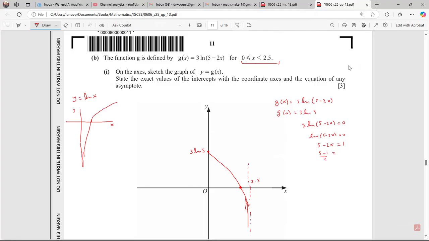So divide by 2, and x is equal to 2. So this point is 2. Okay, so this is how our graph will look like. It has an asymptote at x equal to 2.5, and when x is equal to 2, this is one intercept, and the other intercept is 3 log 5.